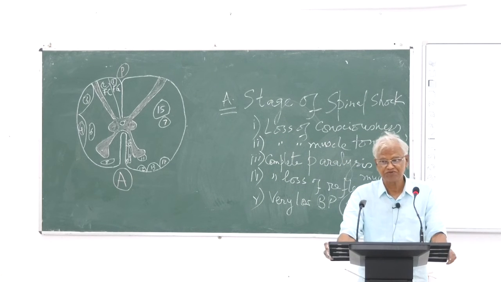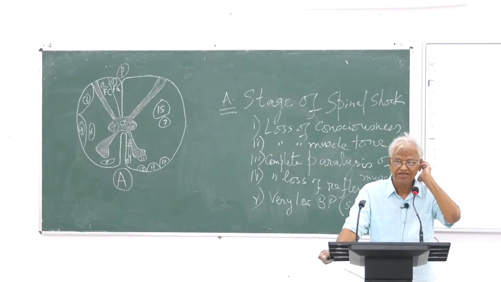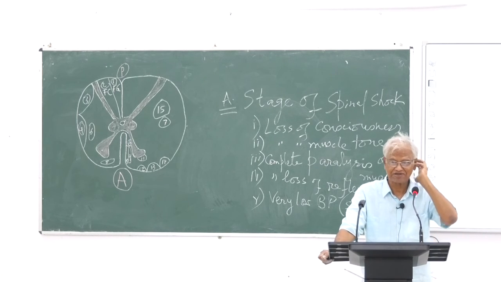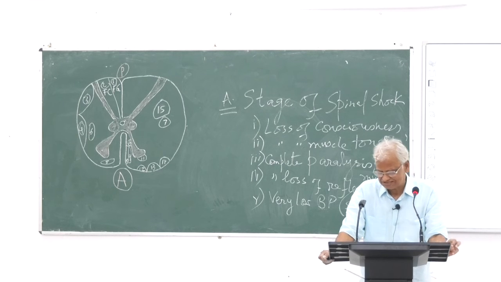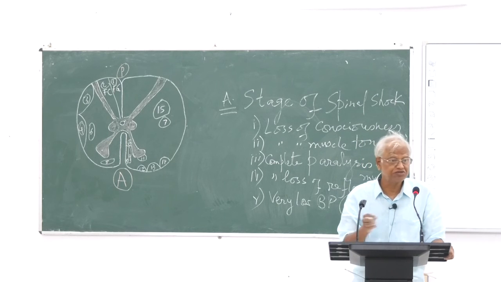You will have to be very cautious, and with full concentration you can only hear the tap sound at the 40 millimeter of mercury level. So these are all. But what is the neurological cause?